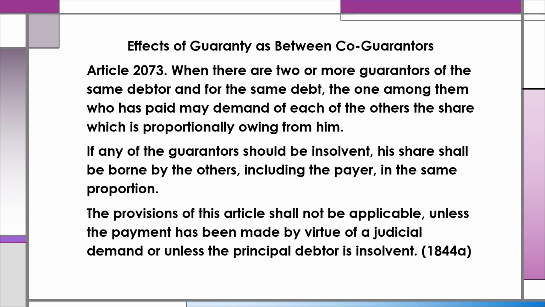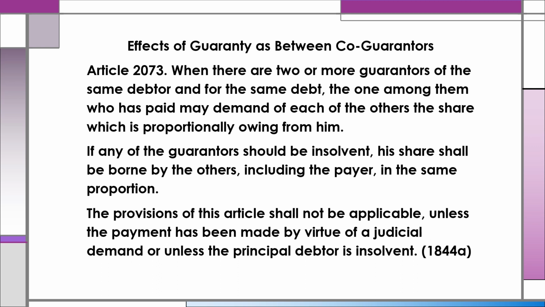Therefore, he can demand from A his share of 30,000 and from C his share of 30,000. But C is insolvent. Therefore, 2073 says that the share of the insolvent shall be borne by the remaining guarantors. So, the 30,000 of C, because he is insolvent, will now be divided between A and B.